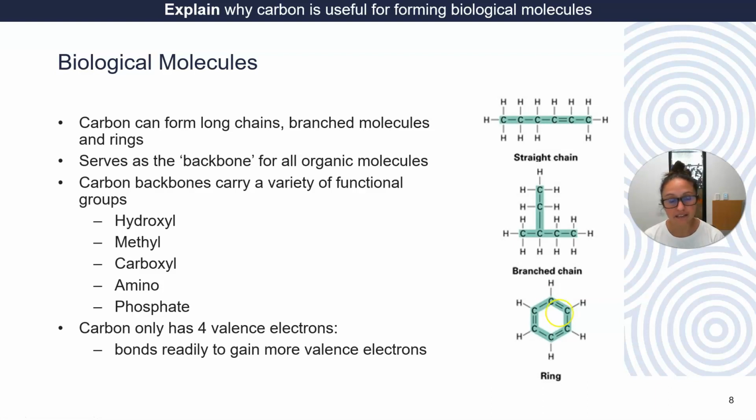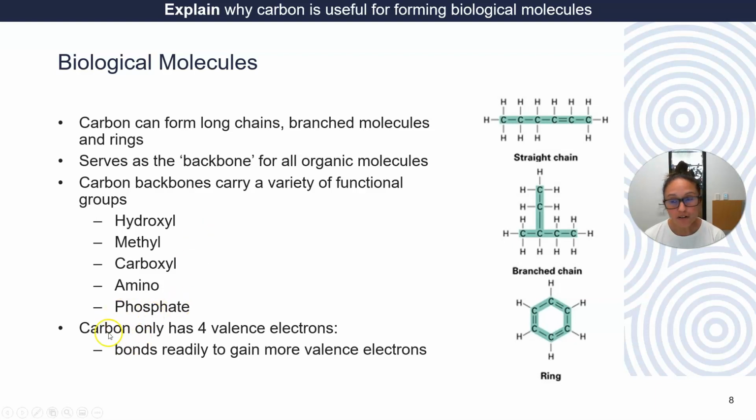Okay, and carbon is at the backbone of a lot of the molecules that make up a human body. And I guess you just need to be aware of this, but not necessarily be stringent to remember it, is that carbon backbones contain other things. So other things called functional groups. And usually I will point them out to you when we come across those.